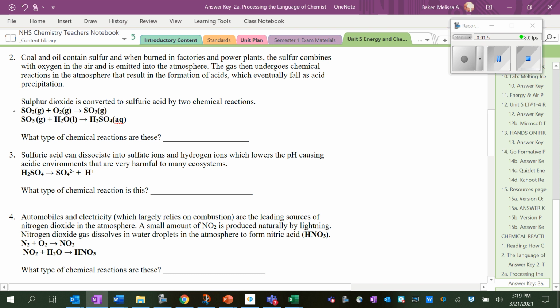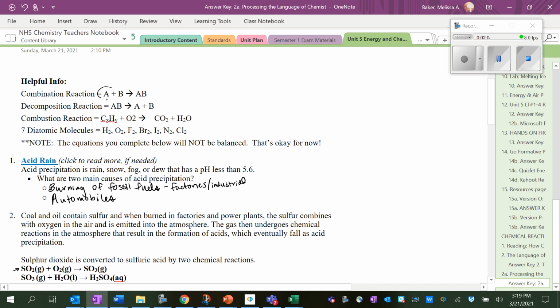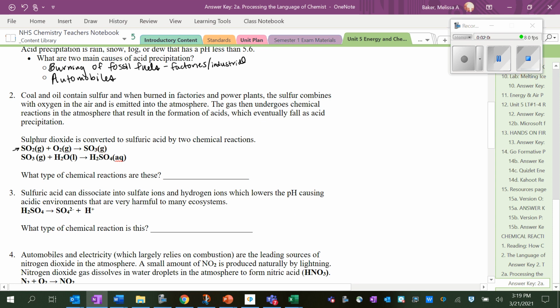Here's one, SO2 plus O2 makes SO3. That looks very much like the combination reaction. And then SO3 plus H2O makes H2SO4. That also looks just like A plus B makes AB.